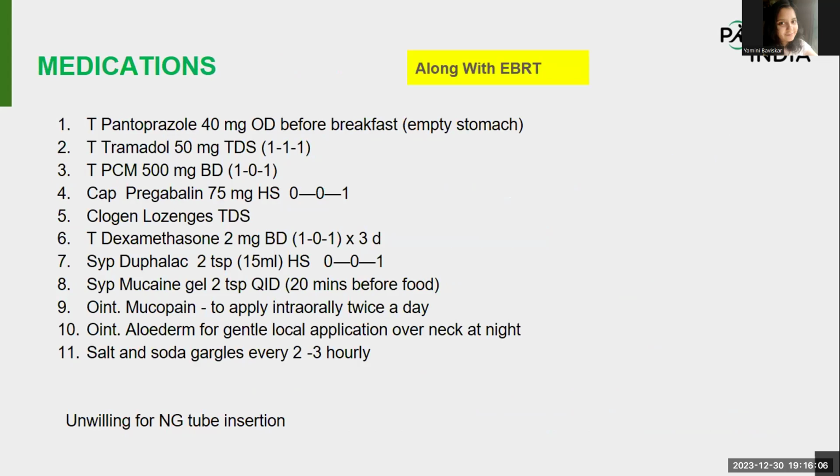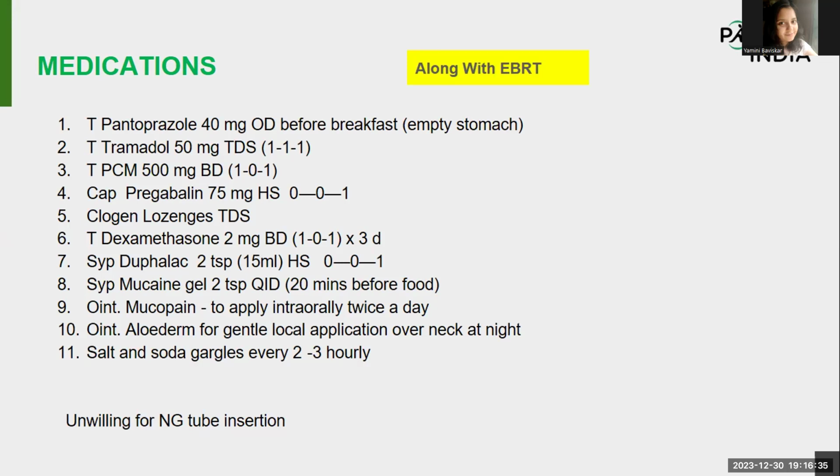Along with external beam radiation for control of local symptoms, the patient is on pantoprazole 40 mg OD before breakfast, tramadol 50 mg thrice a day, tablet PCM 500 mg twice a day, pregabalin capsule 75 mg at night. She's also on Clozin lozenges thrice a day, and dexamethasone was started for 3 days during the course of RT after 10th day, 2 mg BD for 3 days.